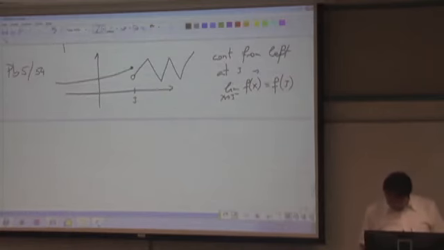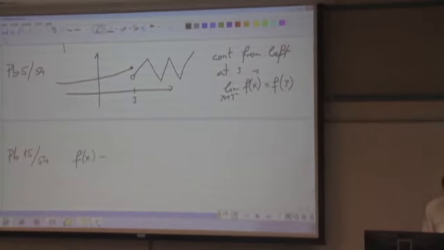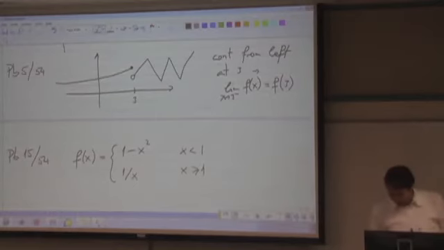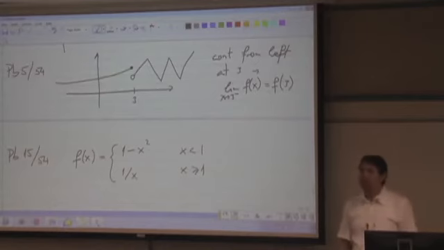What else? How about we do 15? We have f of x equals 1 minus x squared if x is less than 1, and it is 1 over x if x is bigger than or equal to 1. We are supposed to explain why the function is discontinuous at a equals 1.